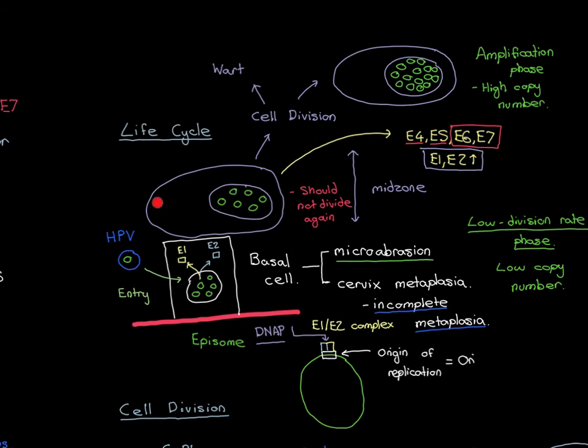So all of the cells that you're producing in this midzone are going to have their nuclei absolutely stuffed with a high copy number of viral episomes. So we really are producing a huge number of viruses here.